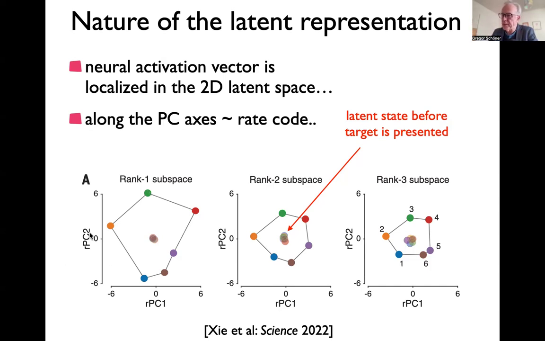So any point here is a particular firing pattern of all the neurons, where some neurons fire more or less depending on the direction of that vector. So when you have a whole bunch of neurons firing, you're in one location in the space. So in a sense it's a rate code.